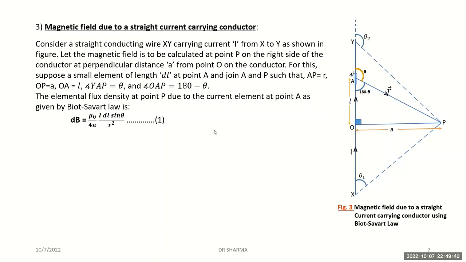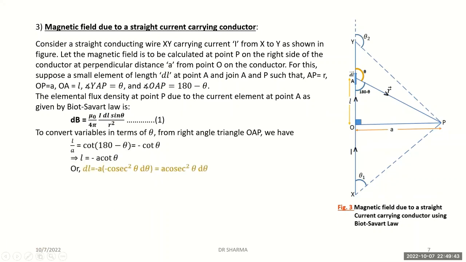Now, if you want to convert L in terms of theta and a constant A, L by A is equal to cot, because this is base upon perpendicular. So base upon perpendicular is cot theta. Here the angle is 180 minus theta in this triangle, and you know cot of 180 minus theta is minus cot theta.